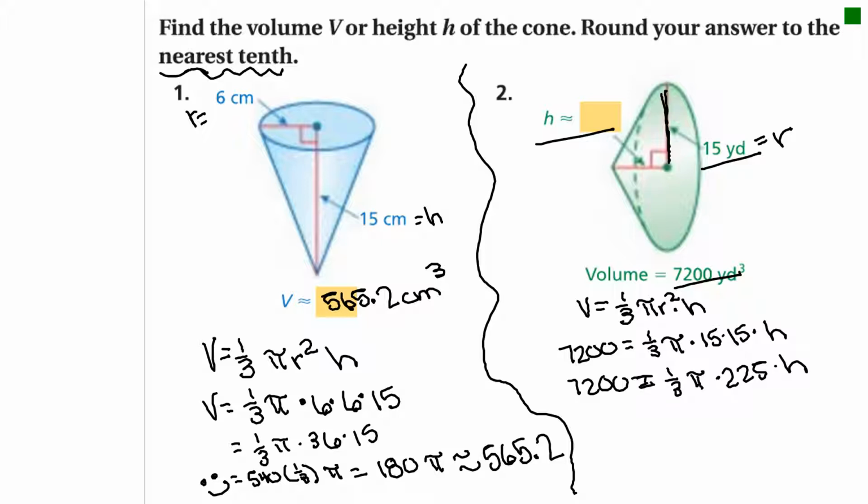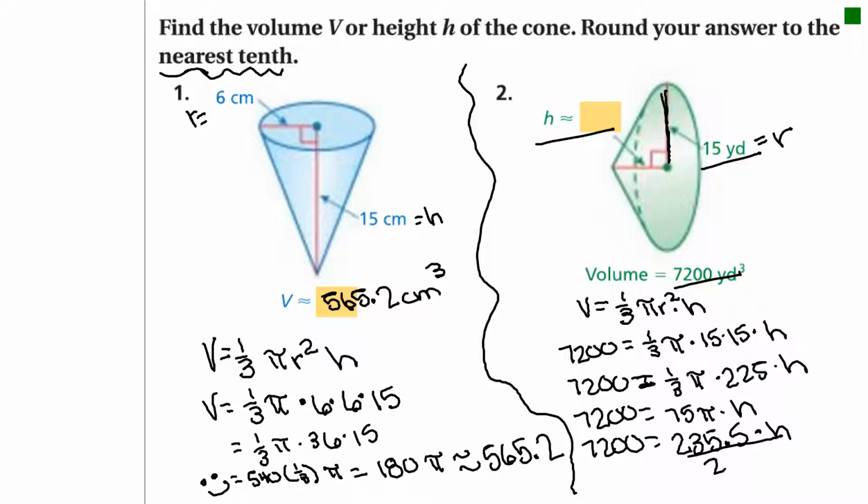I saw some of us yesterday, we like to go through and just put it into a decimal, so let's go ahead and do that. 225 divided by 3 is 75, so 7,200 equals 75 times pi times h. 75 times 3.14 is 235.5 times h.